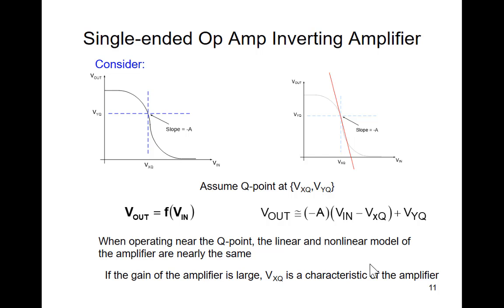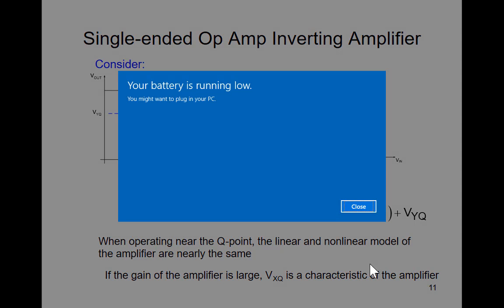That's a nonlinear function. But in the neighborhood of the Q point, it's equal to minus A times (Vn minus Vnq) plus Vyq, where Vyq is this vertical axis intercept.